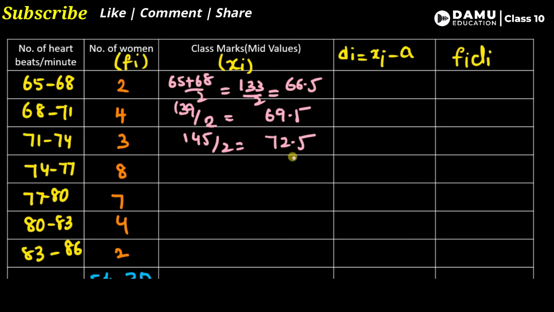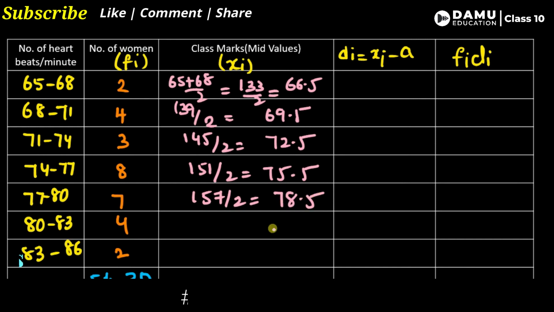It is in the manner of successive increment, where 3 is the increment. So we will get 75.5, 78.5, 81.5 like that. 74 plus 77 is 151, and 151 by 2 we get 75.5. Then 77 plus 80 we get 157 by 2, which is nothing but 78.5. Let's move on.